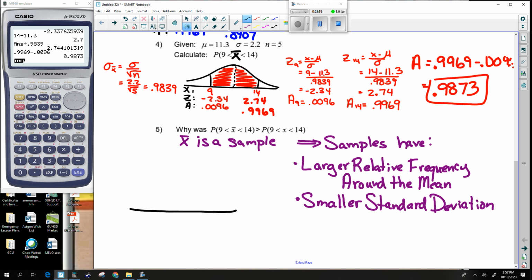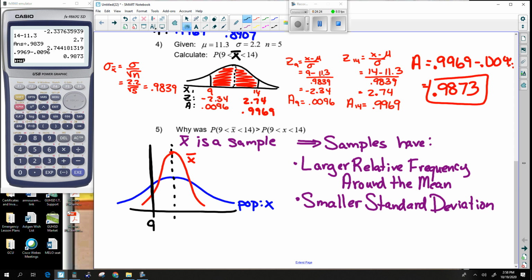Educationally wise, this is why. Take a look at an example of what these two pictures look like. This is the population, this is the x. This is a sample, this is the x bar. And so we have two arbitrary numbers here. We have the number 9, which is over here somewhere.